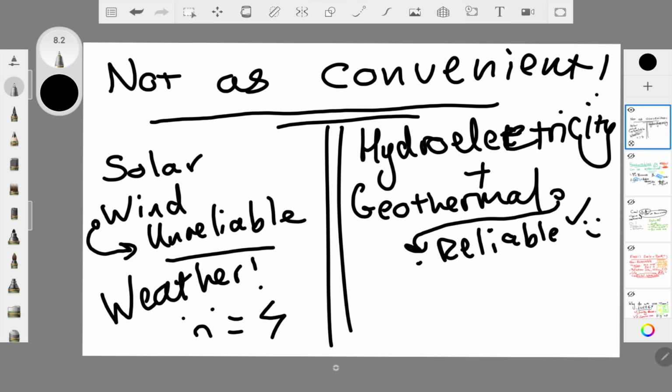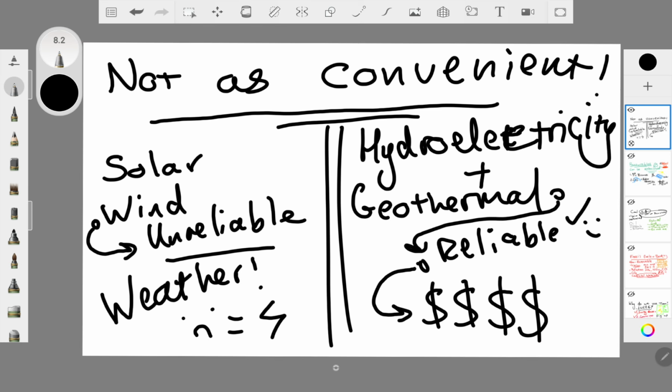But they have a different problem. Can anyone guess what it is? Good. They are very expensive. Okay? So, if you want something that's reliable with renewable energy, you're going to be spending a lot of money. Okay?